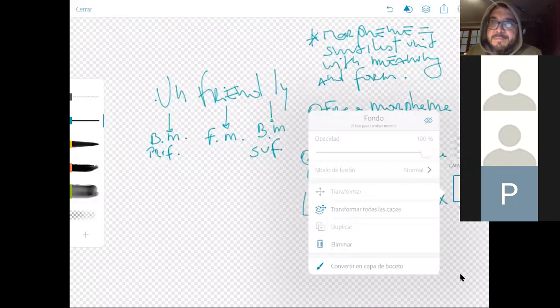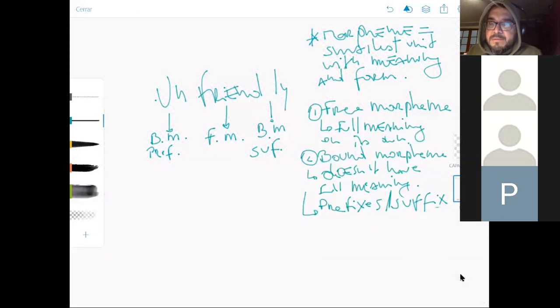Suffixes. Suffix. Si está después del free morpheme. ¿Problema? ¿Alguien más? Este es el momento, si no avanzo. No. Ya.